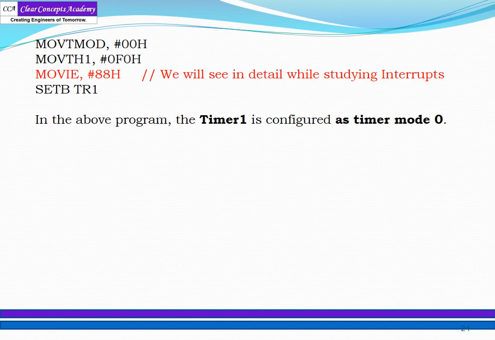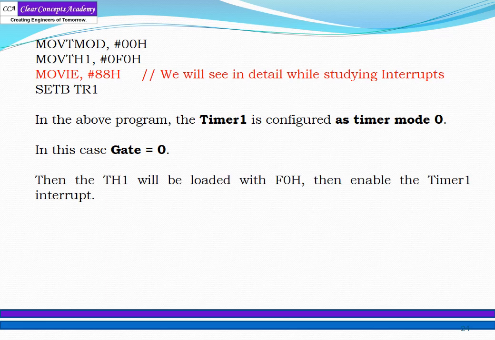In the above program, timer 1 is configured as timer mode 0. In this case, gate is set to 0. That means you will not be worrying about the external pins. Then the TH1 will be loaded with F0.